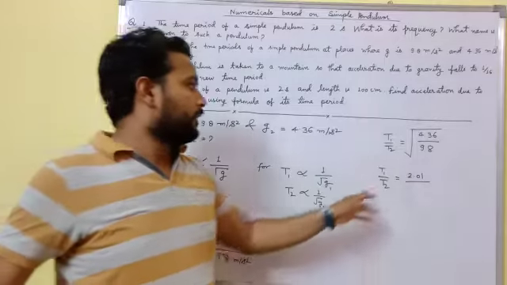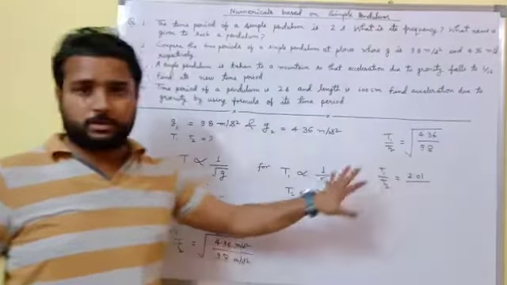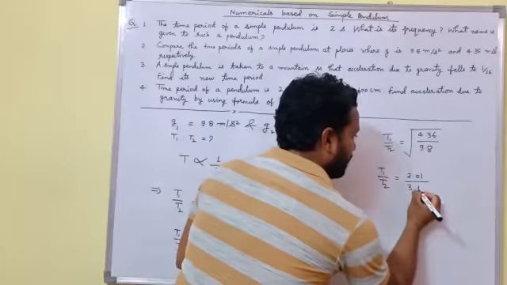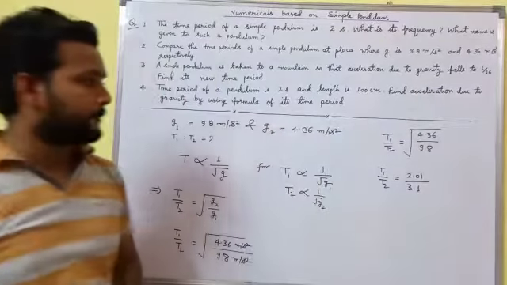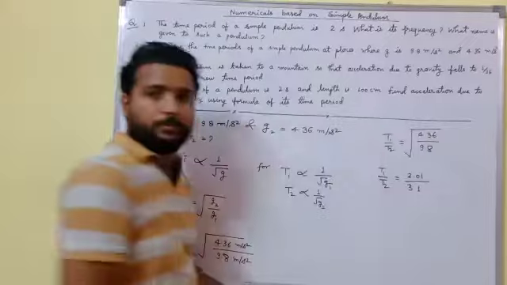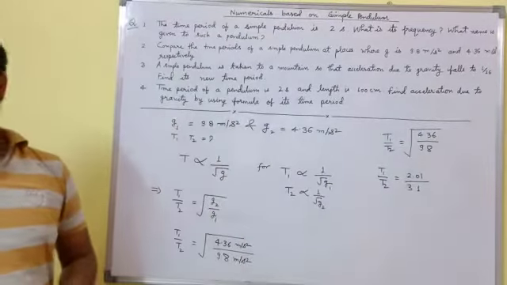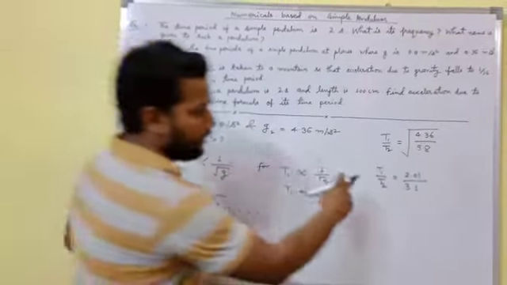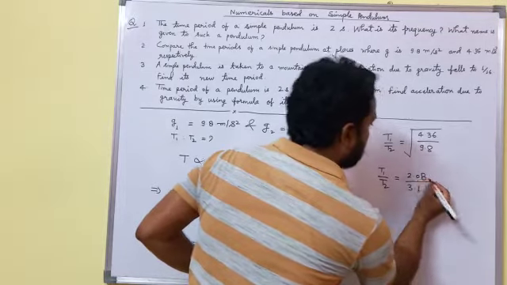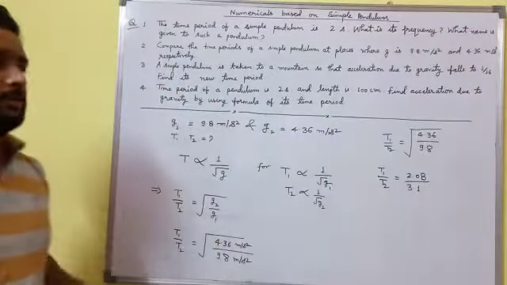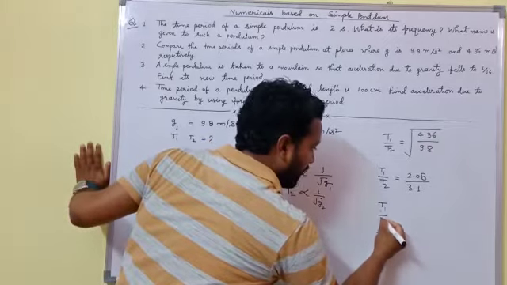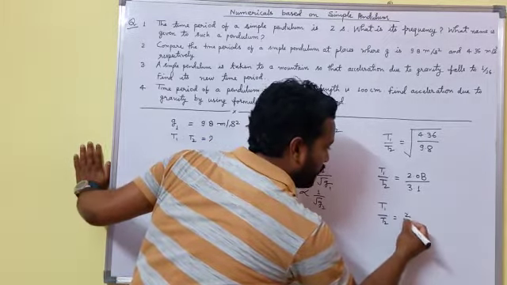The square root of 9 is 3, so near about 3.1. Now we can write T1 upon T2 equals 2 by 3.